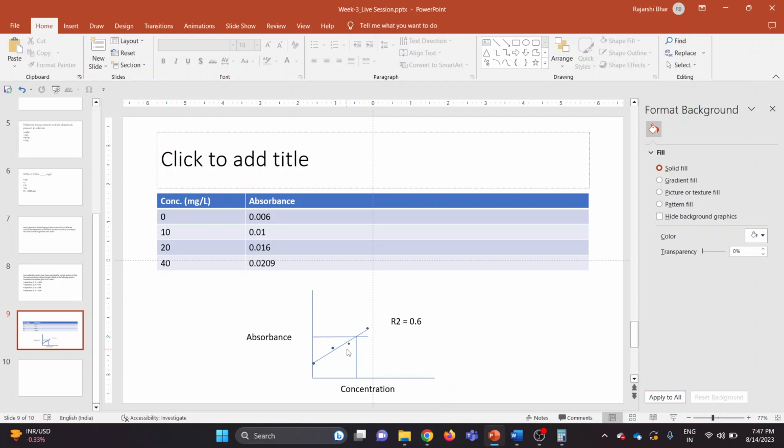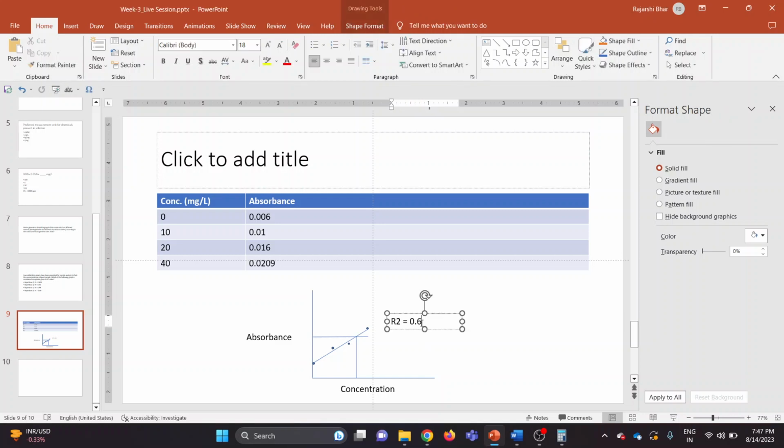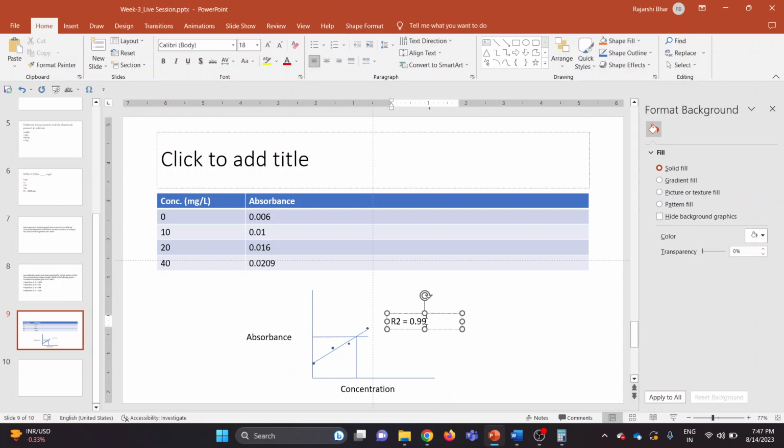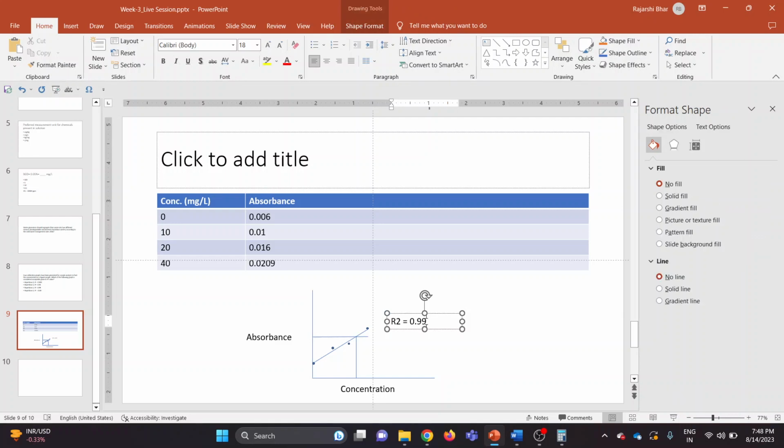Whenever these data points come close to the calibration curve, it means the accuracy of the curve you first plotted is improving. And when it improves, you can see it as a subsequent increase in the R square value. So its R square value is also increased like this.